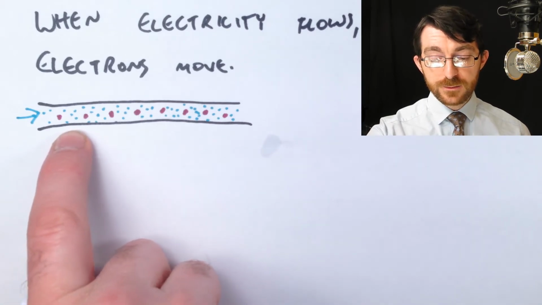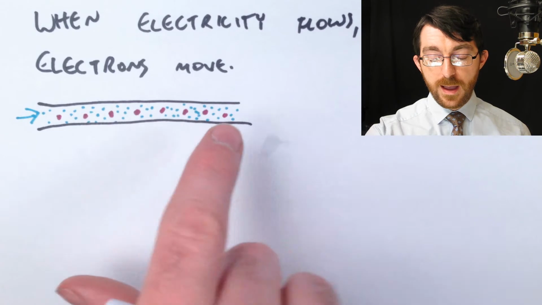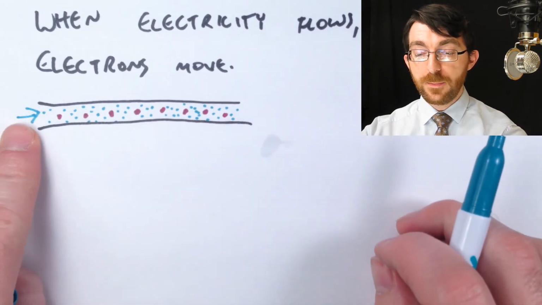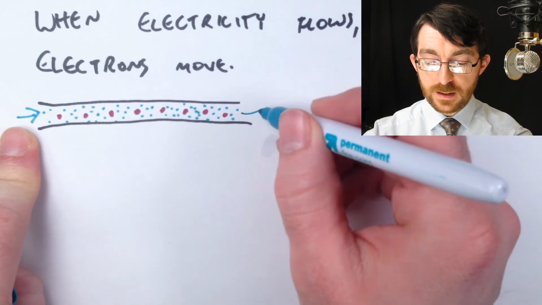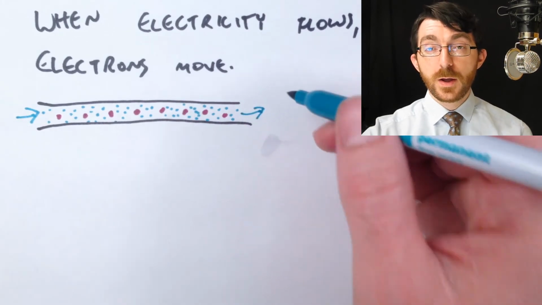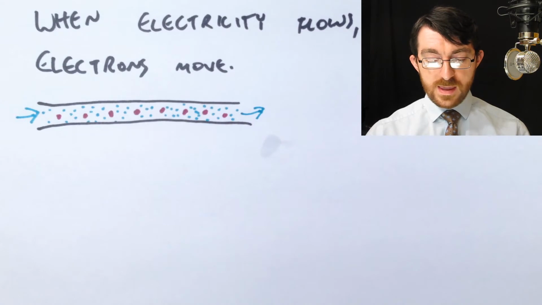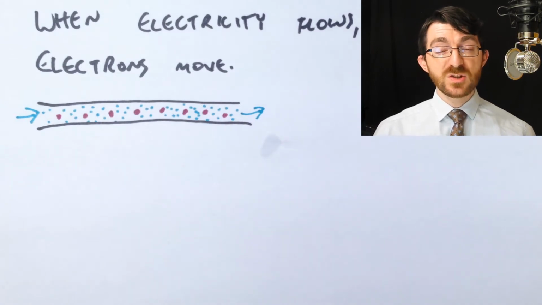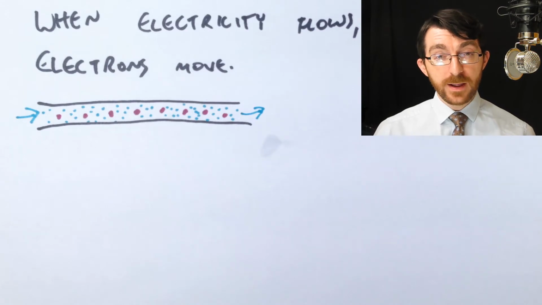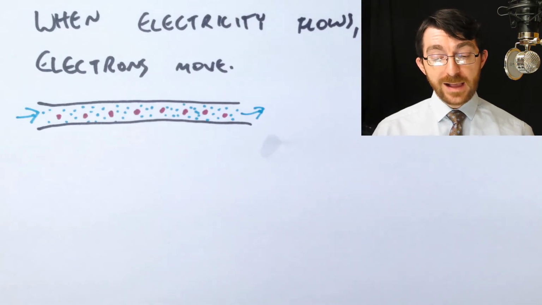Well, that effect transfers all the way down the wire. And that means that when you put a little bit of voltage here, you end up making these electrons come out. So we are dealing with a wire that's already full of electrons, and as soon as you connect the battery, it's not that the electrons have to travel the entire length of the wire. It's actually that as soon as the voltage is on, they all start moving down it, like it's a conveyor belt.